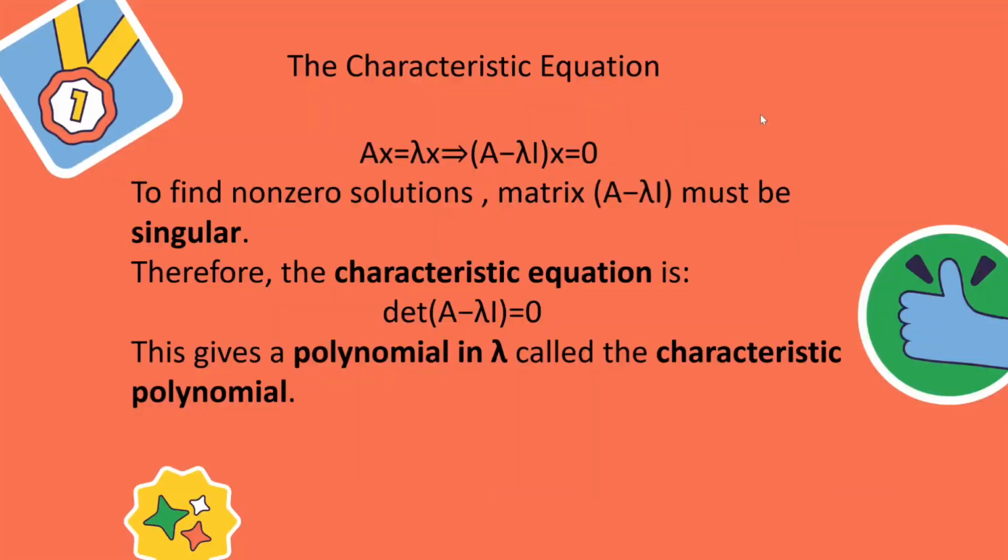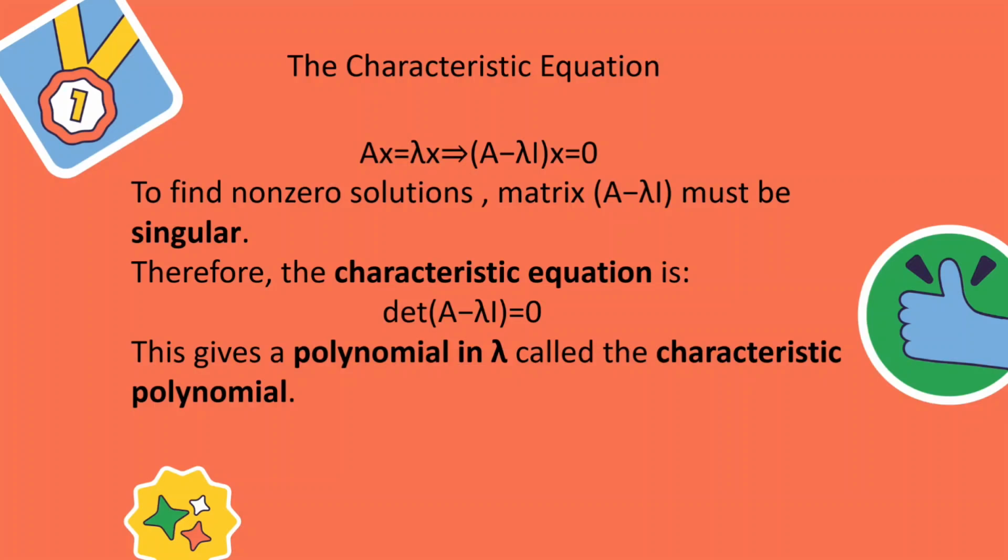Now we talk about the characteristic equation. To find eigenvalues, we rearrange the equation A times x equal to lambda times x into the form (A minus lambda I) times x equal to 0. For this equation to have a non-zero solution, the matrix A minus lambda I must be singular, which means it doesn't have an inverse.